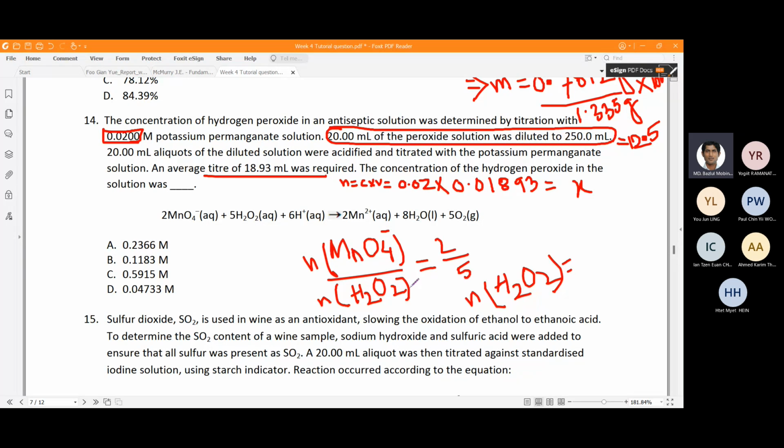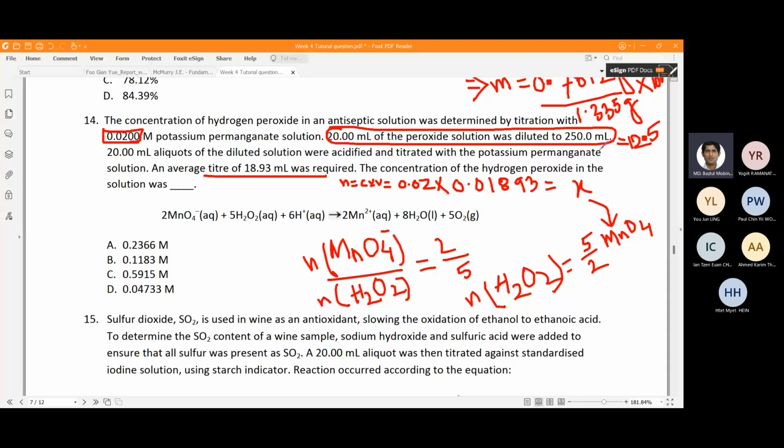If we just rearrange this equation a bit, bringing this to that side and hydrogen peroxide to this side, it will be 5/2 times the number of moles of potassium permanganate, MnO4. So here, if we replace this X this way, we will find the number of moles of hydrogen peroxide, right?